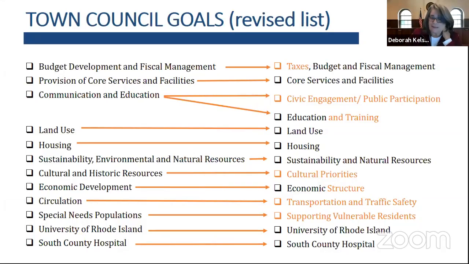Right. So with the transportation part, we've talked a lot about the fact that Champlin Heights is not on the bus route. People are walking a half a mile with their groceries. Where do we put that objective to work with RIPTA to try to modify the route?